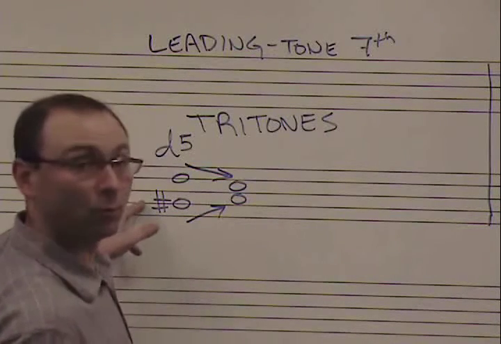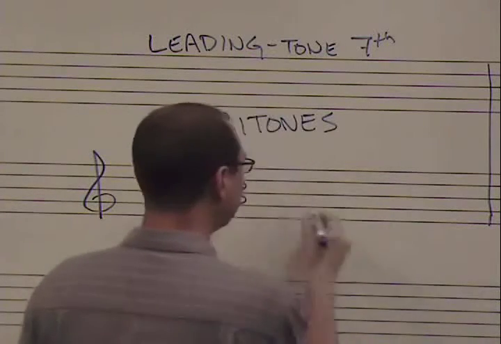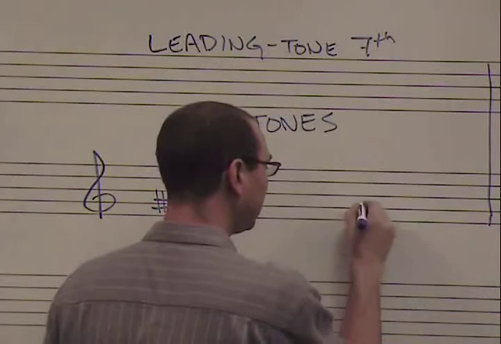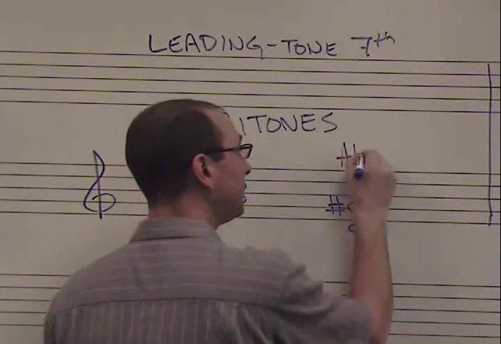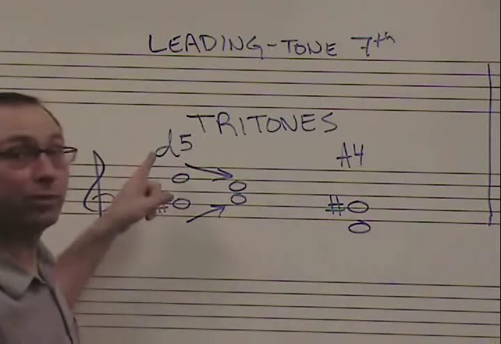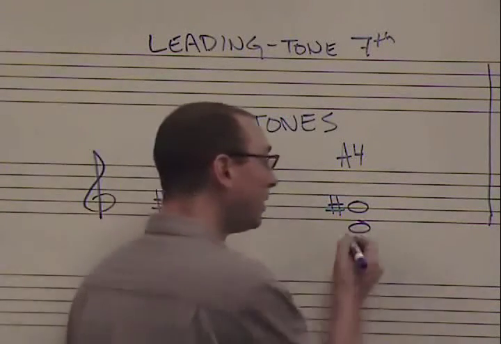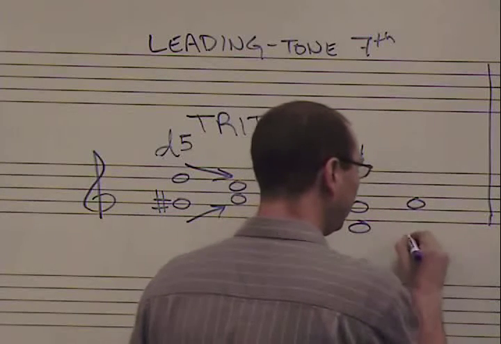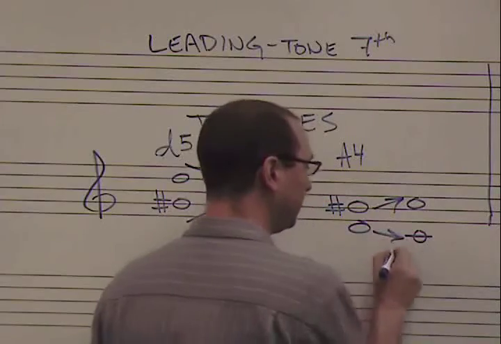Okay. When I invert this interval, for instance, if I write D and G sharp, now I have an augmented fourth. Note the difference between the capitalization of the two. Augmented fourths resolve in the opposite direction.